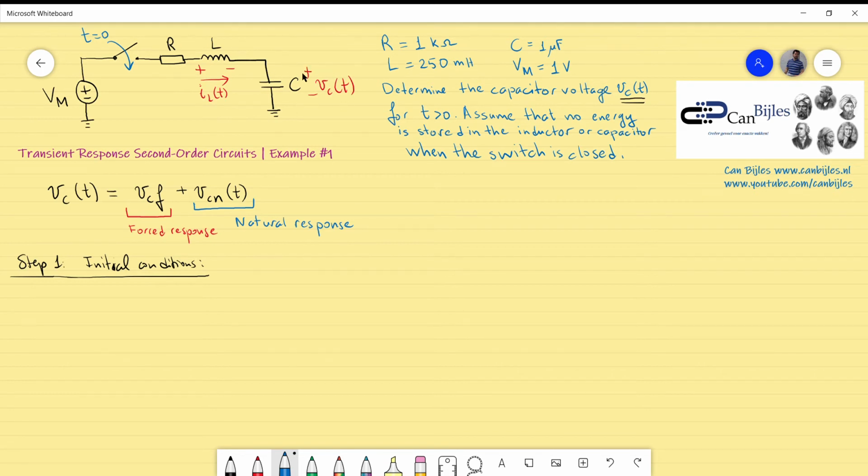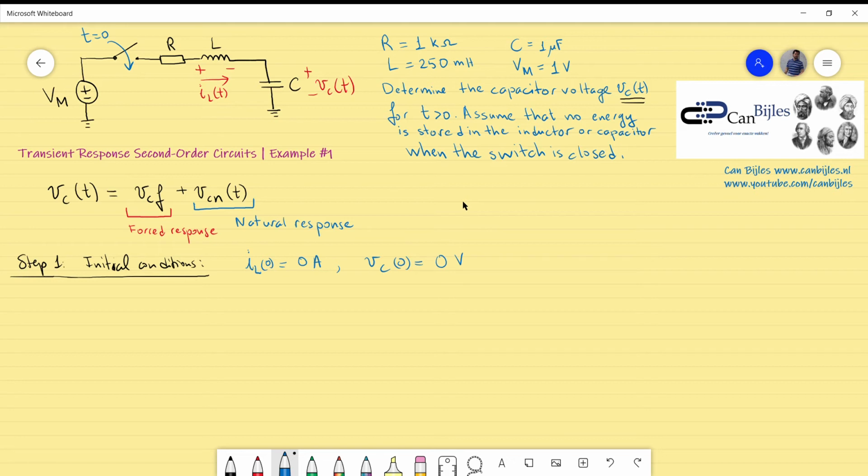And the voltage across the capacitor will be also 0 because there is no current flowing and there is no connection to the voltage source VM. So we can already say for this case the IL at 0, which is the initial value of the inductor current, will be 0. And the V capacitor at 0, the initial value of the capacitor voltage, will be also 0. So these are the two values we have determined for step 1.